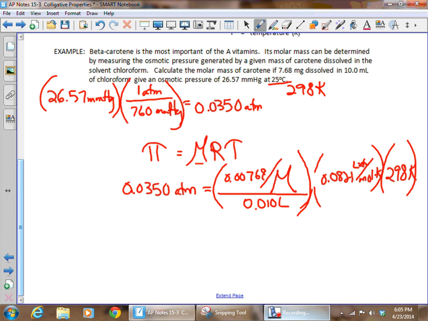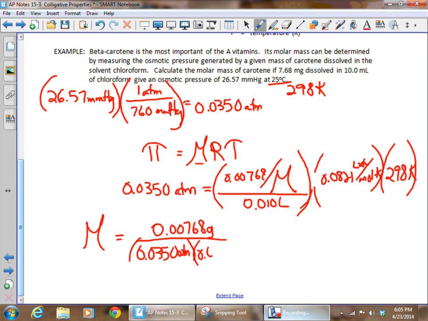When I solve for molar mass, I get this. Remember to make sure you solve correctly for molar mass and don't solve for the reciprocal. Molar mass is going to be equal to 0.00768 grams divided by the 0.0350 atmospheres times the 0.010 liters.